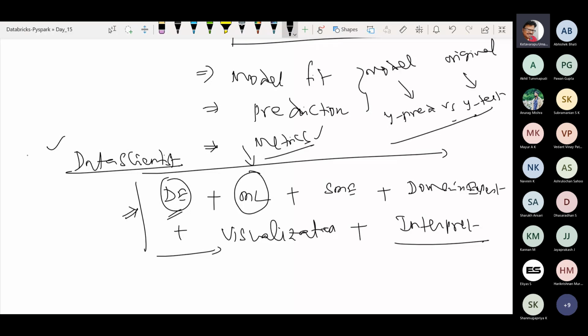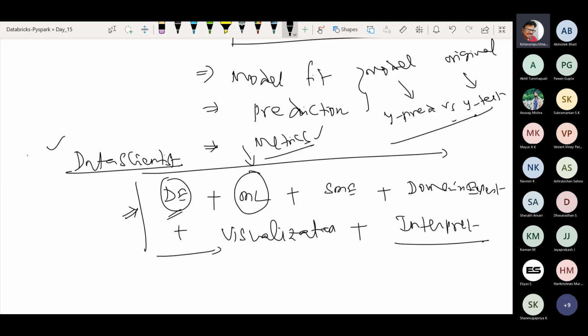Whereas if you are working with regression models, your metrics are different: root mean square error, root absolute error, R square, adjusted R square, all these you can use with the help of regression analysis. Okay, so based on those conventions, one can easily observe.